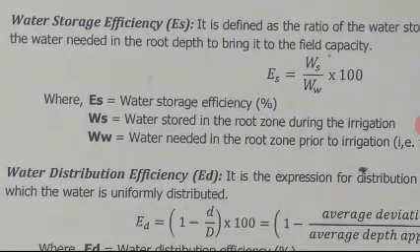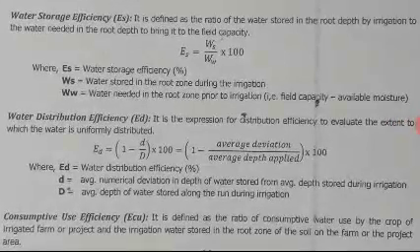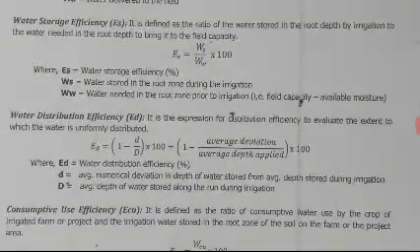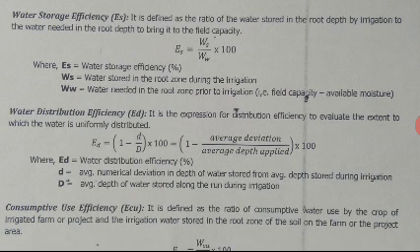Next is water storage efficiency. It is defined as the ratio of the water stored in the root depth by irrigation to the water needed in the root depth to bring it into the field capacity.